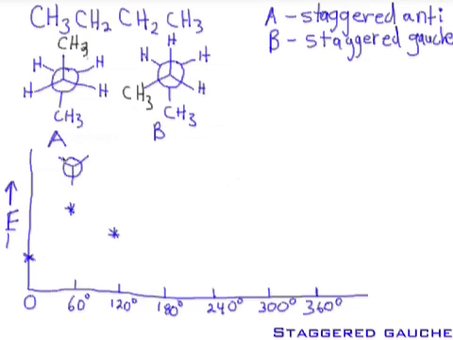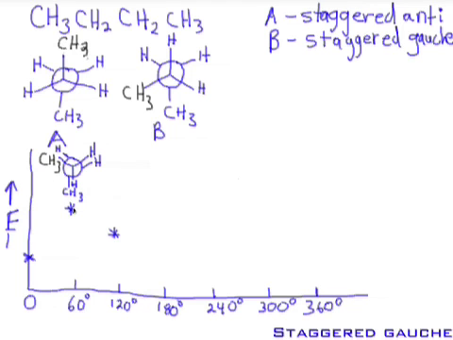And so we're going to have that, an H, an H, and our CH3. And this is an H. This is an H. And over here we have our black CH3.